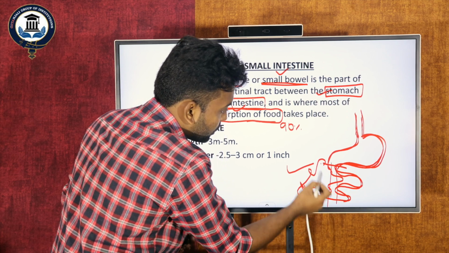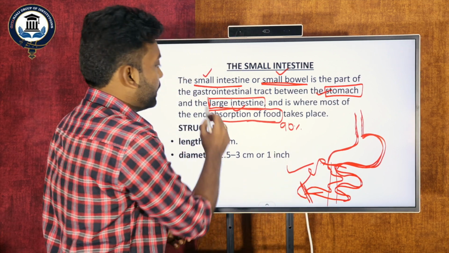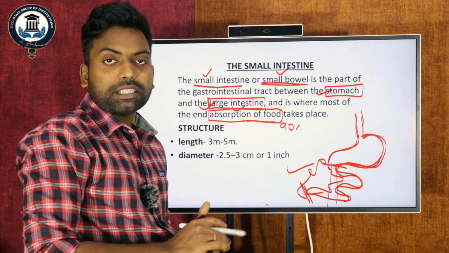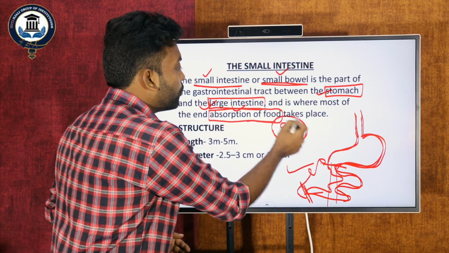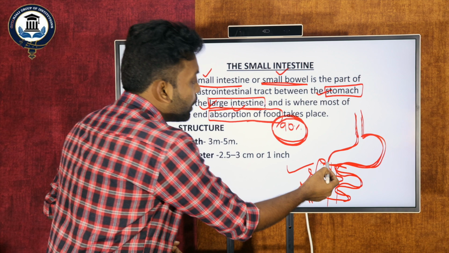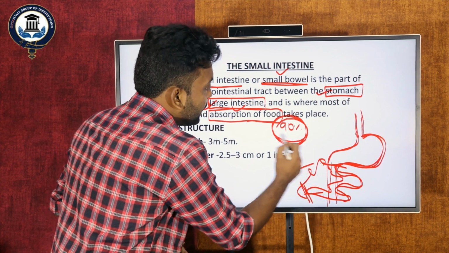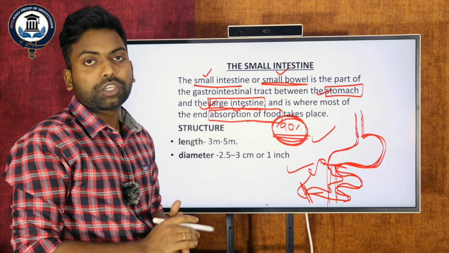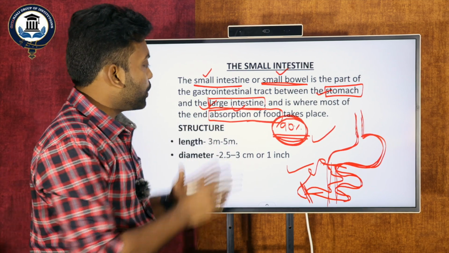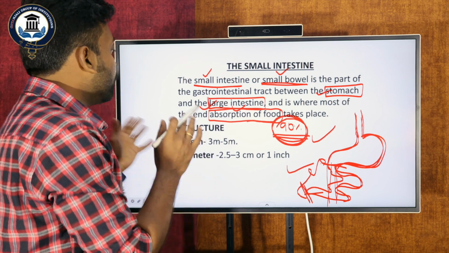Whatever part lies there is called the small intestine. And one more thing you must remember: 90% of absorption takes place within the small intestine. That is the main function of the small intestine. So this is the introduction to the small intestine.